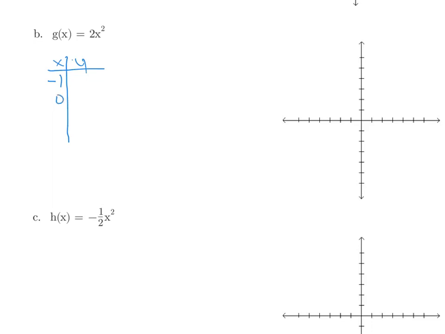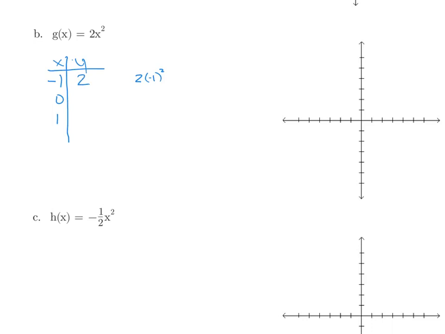For this, I'm going to use my minimum number of points. I'm going to do negative 1, 0, and 1. So if we plug in negative 1, we get 2 times negative 1 squared. Negative 1 squared is 1, and 2 times 1 is 2.